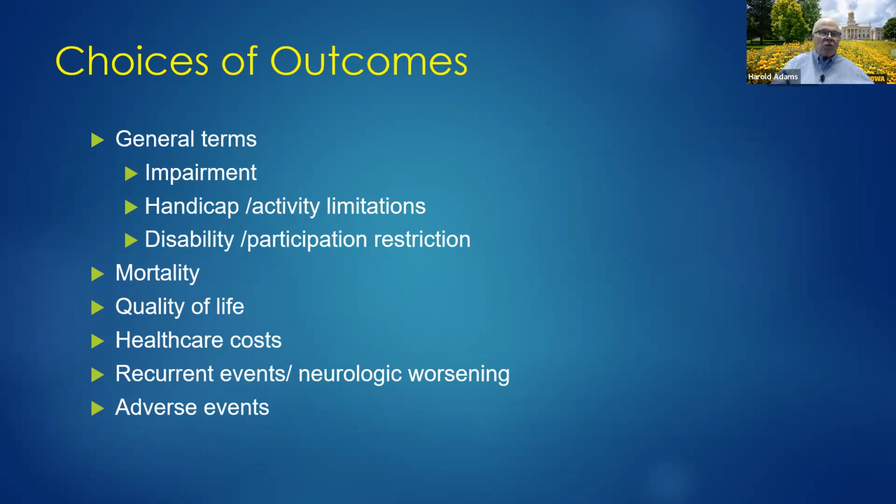Quality of life, which is more subjective, is an important ancillary outcome measure, as are healthcare costs, recurrent events, and neurologic worsening, depending on the type of the study. And then, of course, adverse events, including those that are anticipated or not expected. Next slide.